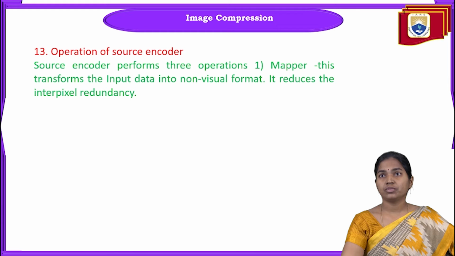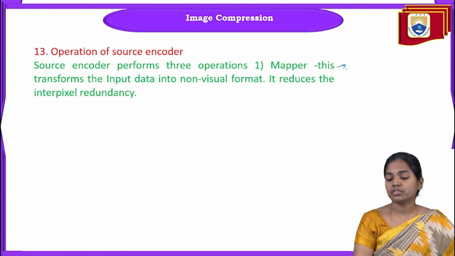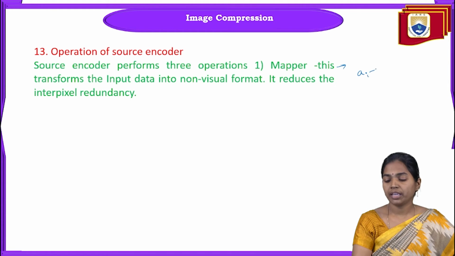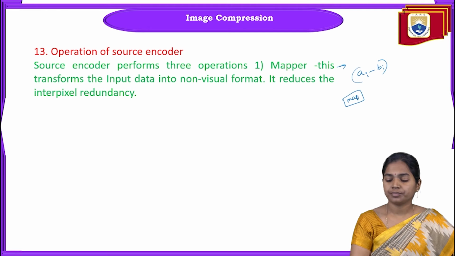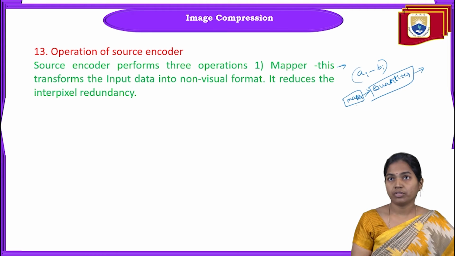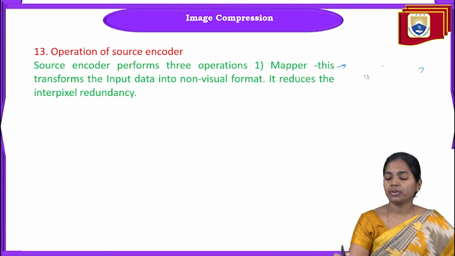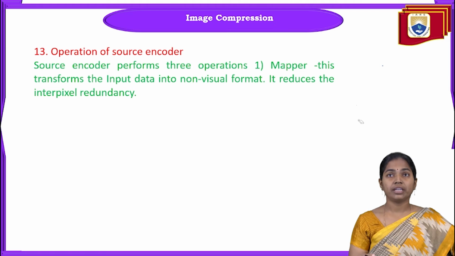The mapper maps the bits, and the next one is the quantizer, then the source encoder. Across the decoder, we are using the inverse mapper.